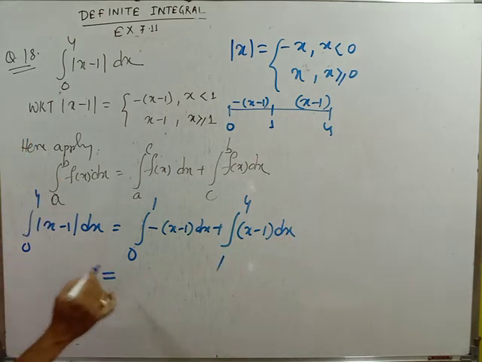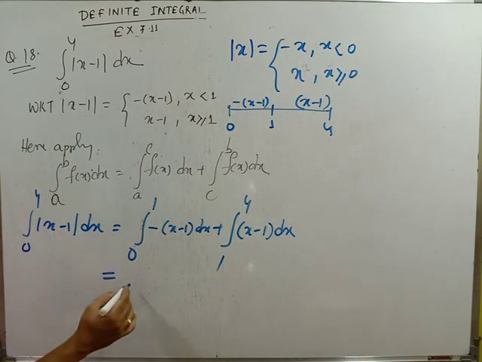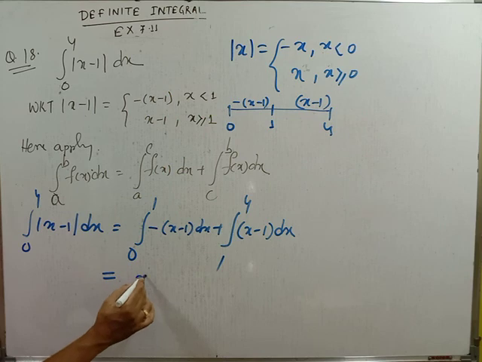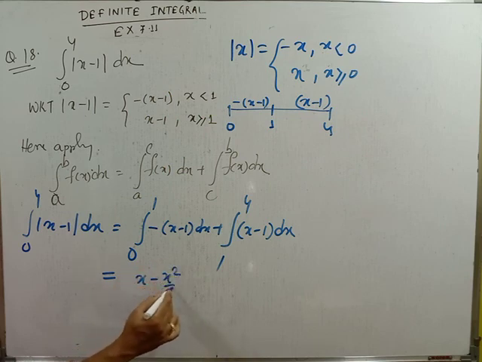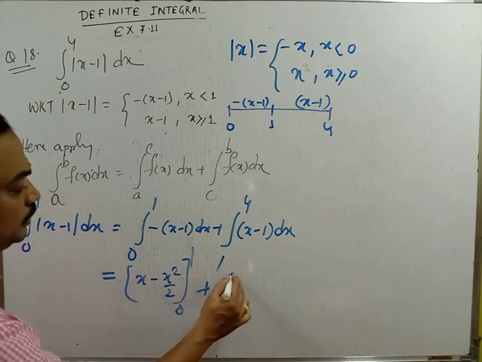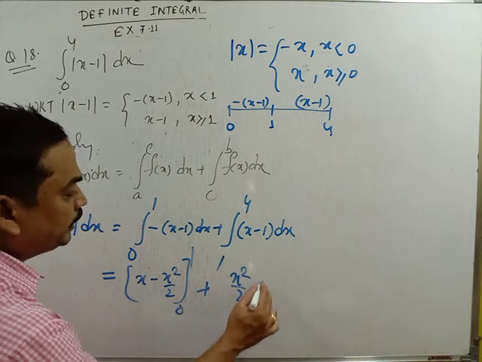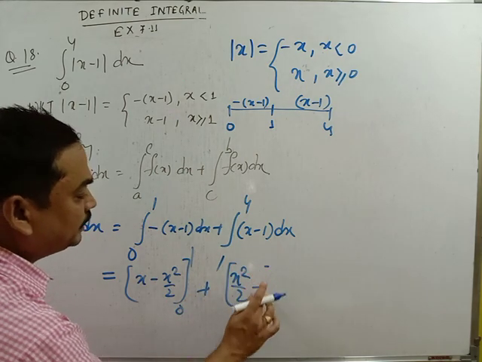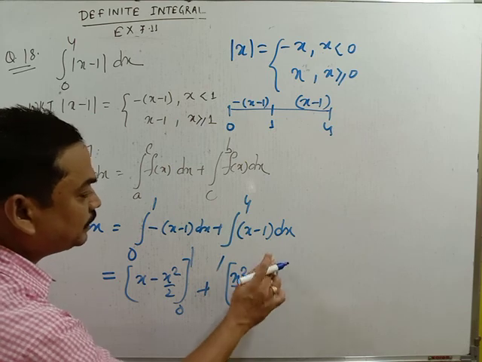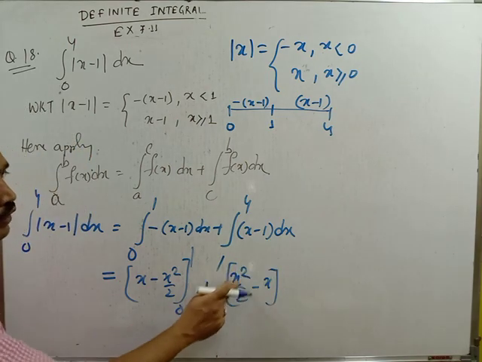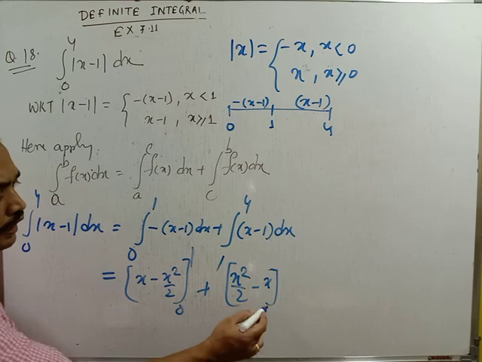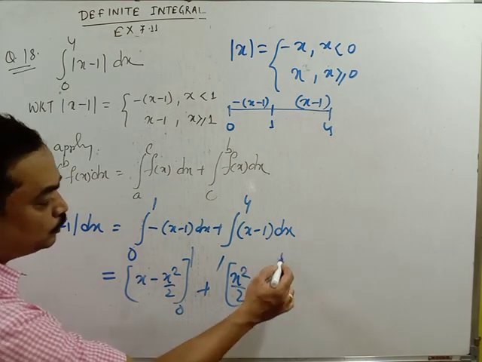Now do the integration. This will be 1 minus x only. The integration of 1 is x, minus x square by 2. The limit will be 0 to 1, plus here x square by 2 minus, the integration of 1 is x. The integration of x is x square by 2, the integration of 1 is x. And this limit will be 1 to 4.